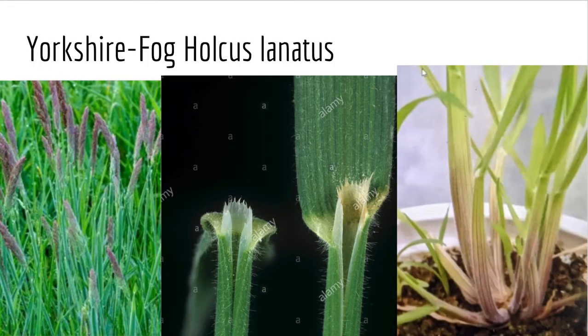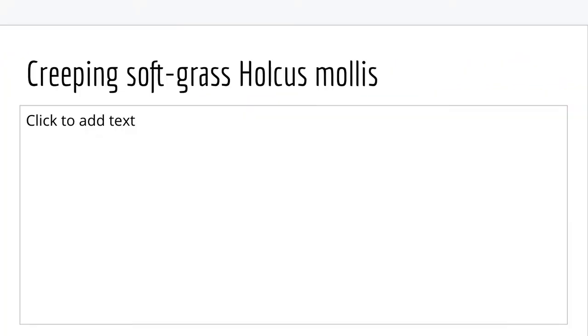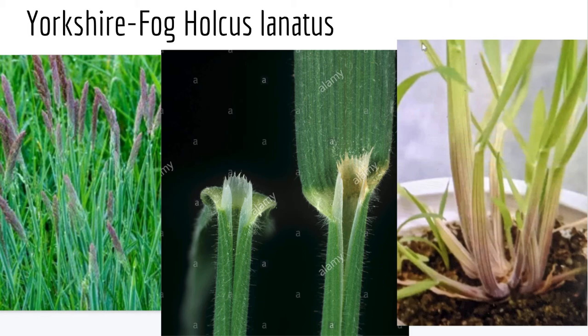I'm going to go through some in-depth identifying features of certain grasses, where I will discuss the flower heads, the inflorescence, the growth habits, and some more features. So on the left you have a picture of the inflorescence. Now the inflorescence hasn't come out yet, it's still in its early form, and it's usually an open panicle.